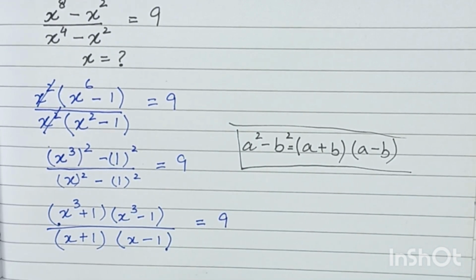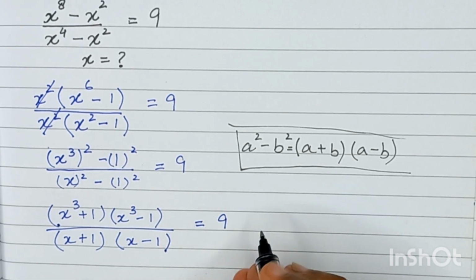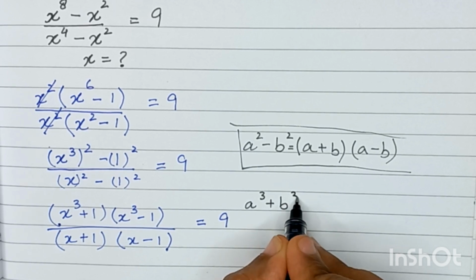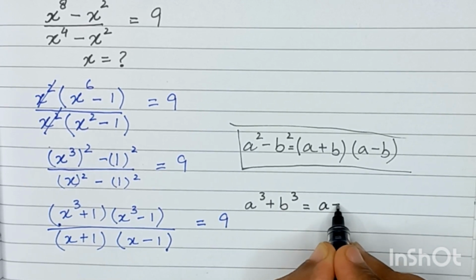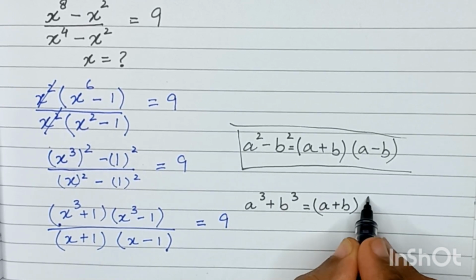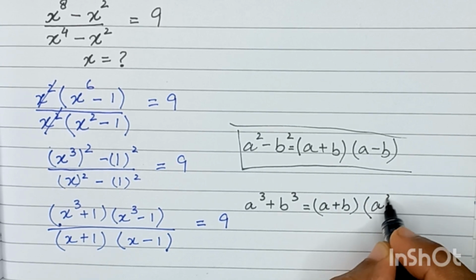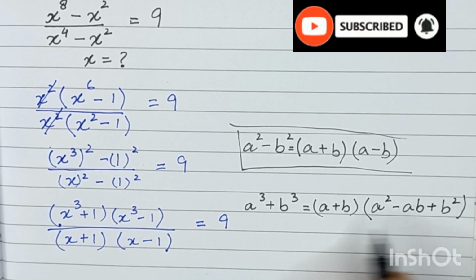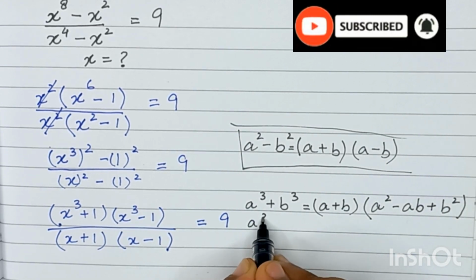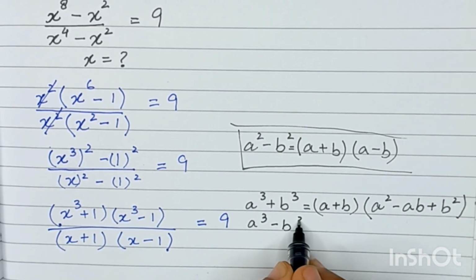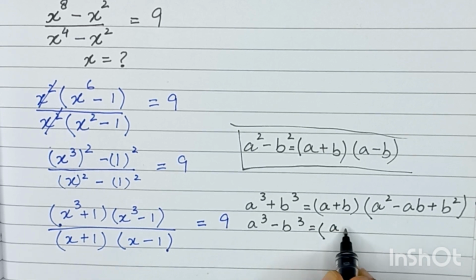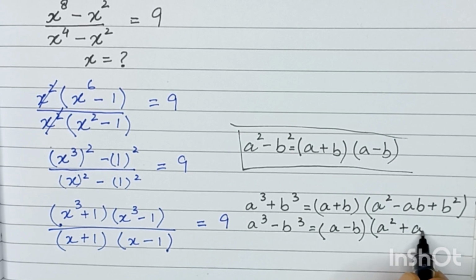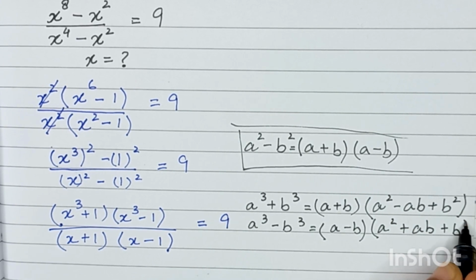Now it is the form of a^3 plus b^3, which is equal to (a + b)(a^2 - ab + b^2), and a^3 minus b^3 is equal to (a - b)(a^2 + ab + b^2).